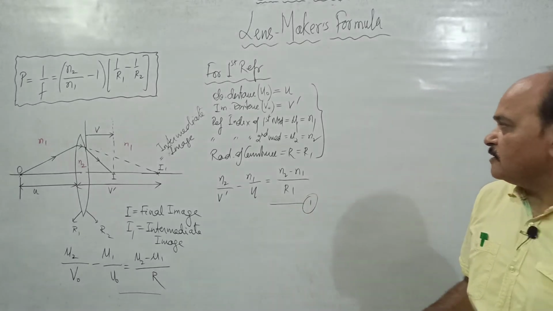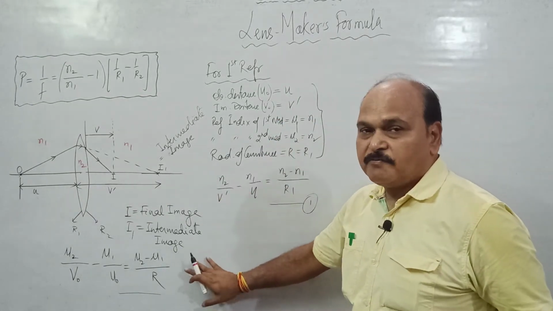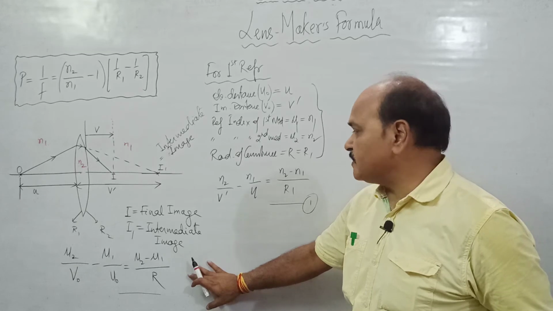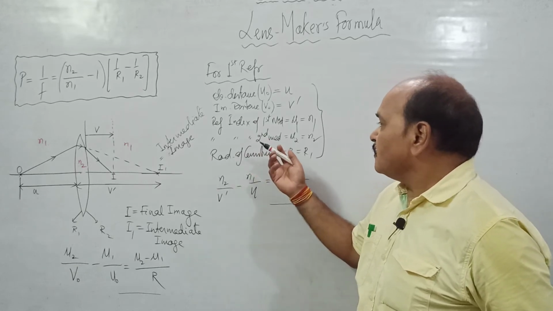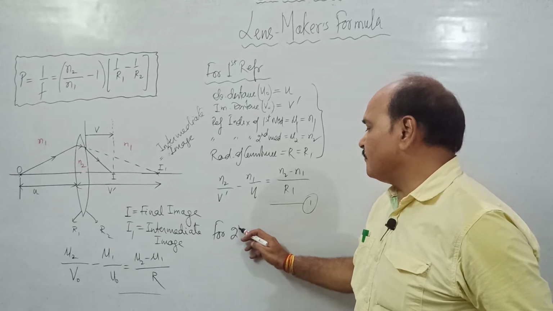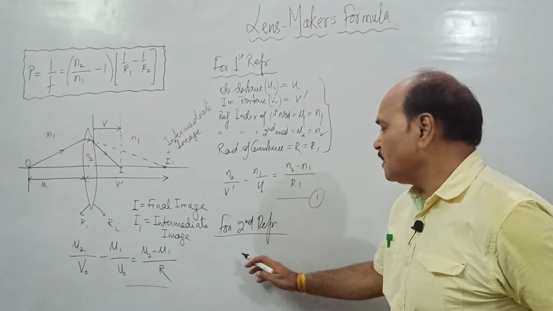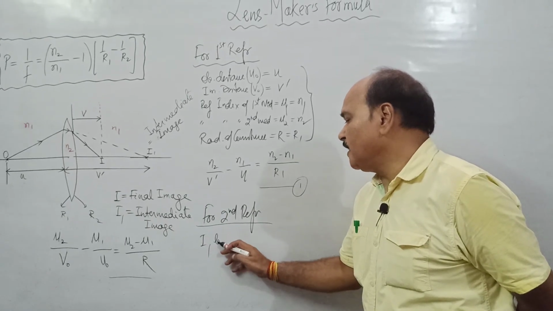This is what we get when we substitute all these values in the formula of refraction across the curved surface. Now, for the second refraction, you all know that I1 behaves as the object.